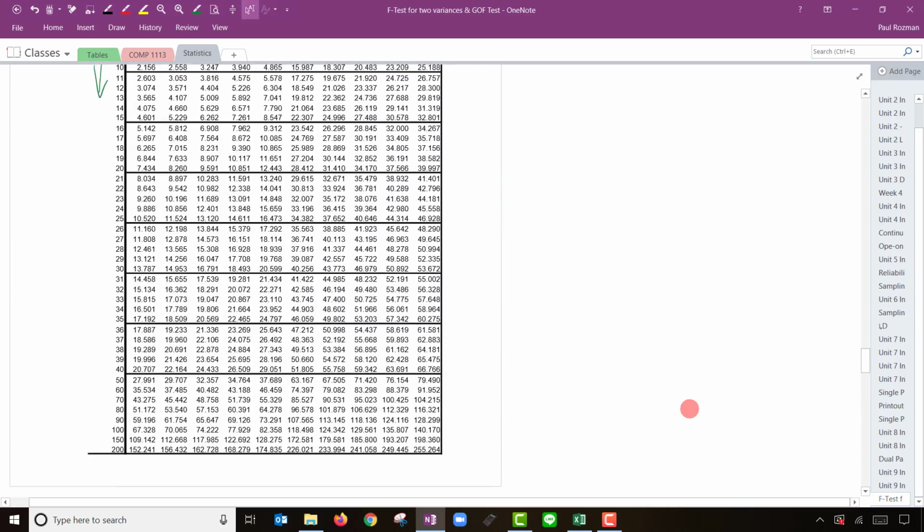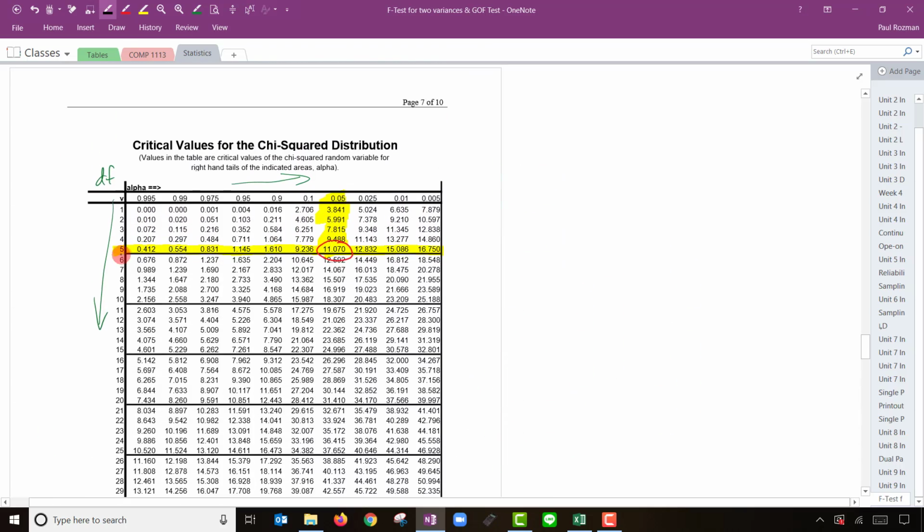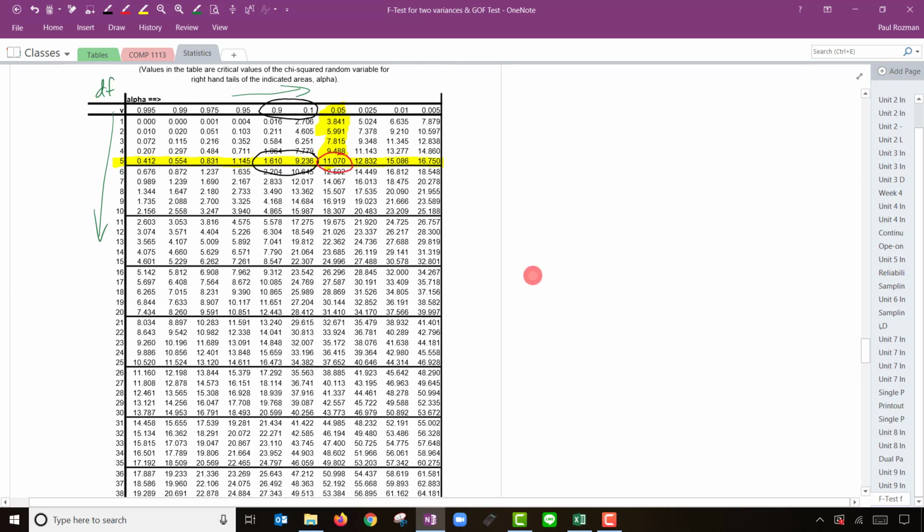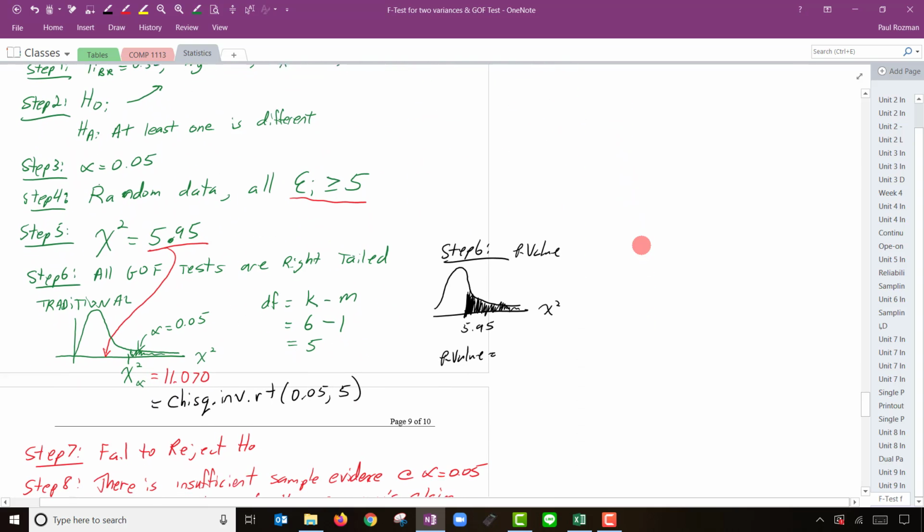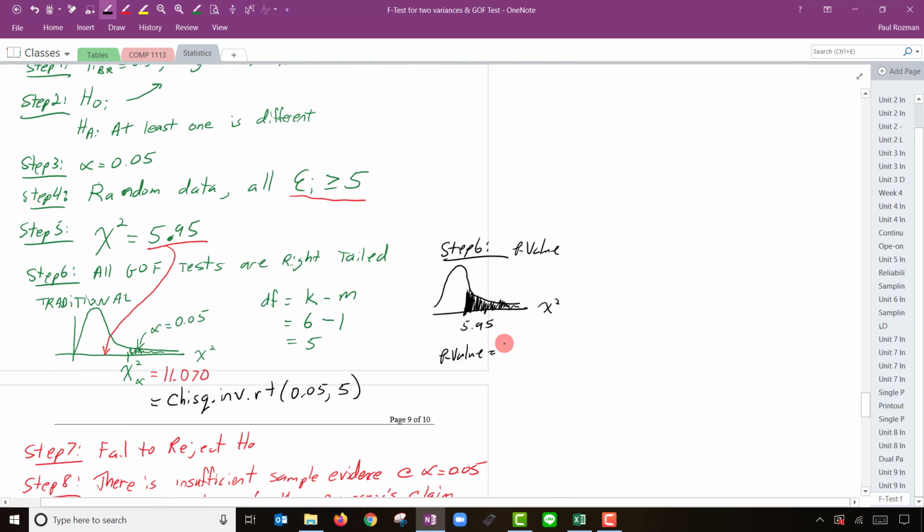If we go to our table, remember we'd be in row 5, we'd be looking for the number 5.95, and it's not in there, but it's somewhere between these two. So our p-value is somewhere between 90% and 10%. It's a pretty wide range. But it's still bigger than 5%, so we would still be able to come up with a conclusion based off of that terrible range. If we're using Excel, we can do much better, obviously. We can get the p-value. That's just going to be a chi-square dist.